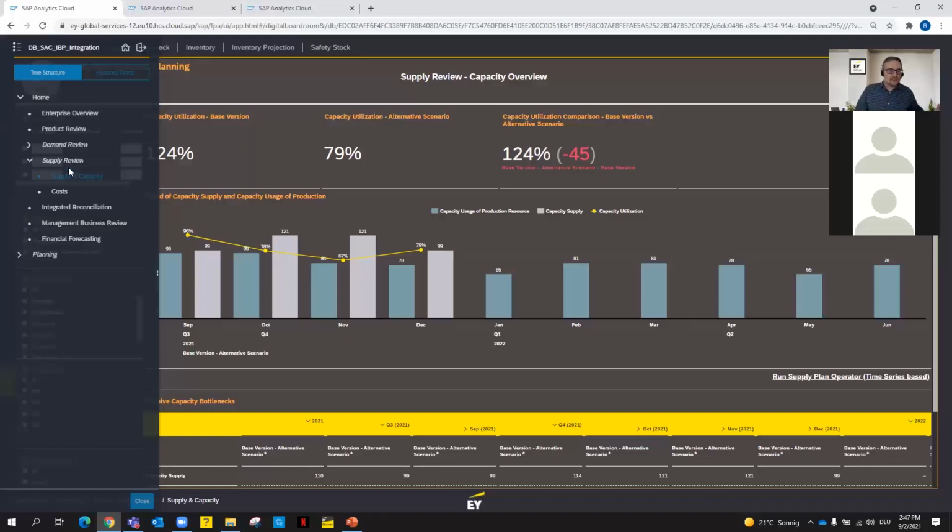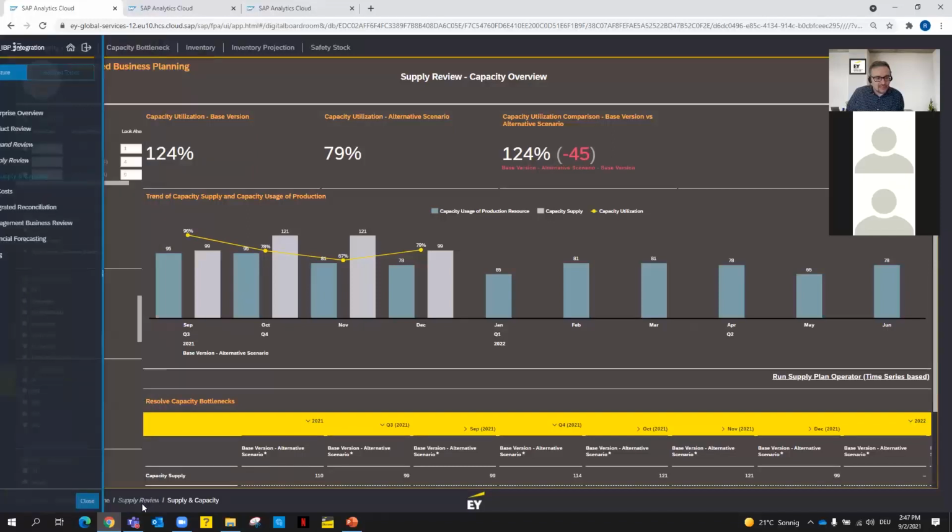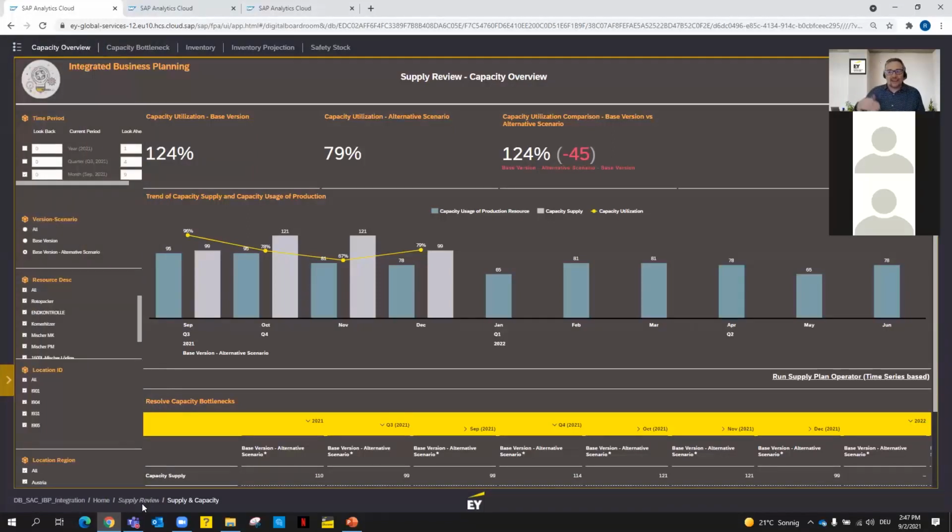So ladies and gentlemen, here we see that in our model, we have a supply and capacity element. What it means is that we pull the information on a data stream level, which we need to have in SAC for planning the costs. So capacities are being pulled from SAP IBP, so capacity utilization for the labor, for the machine, for the transportation, supply planning as well.